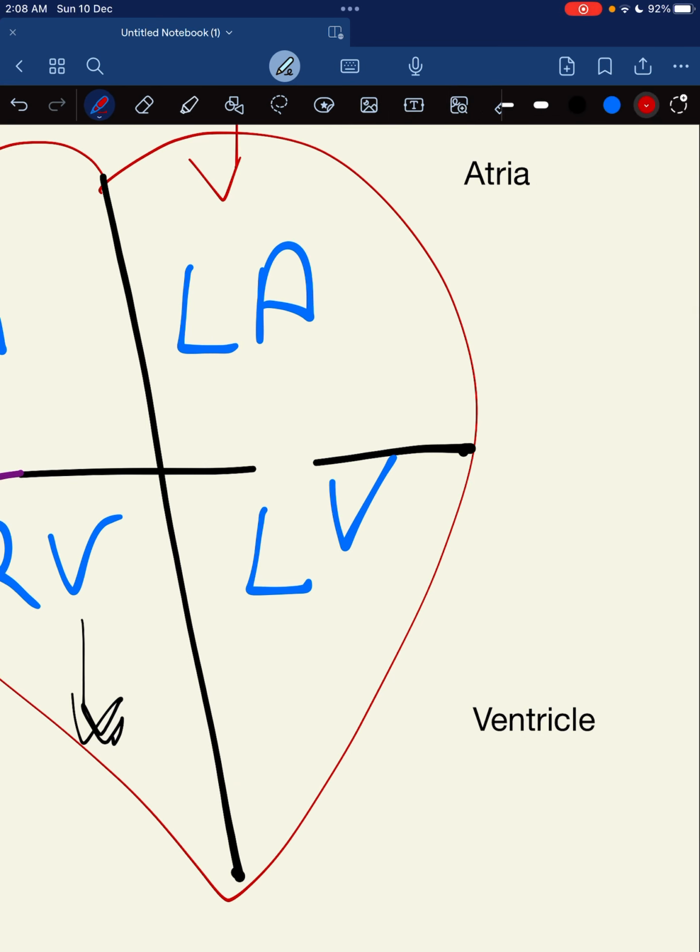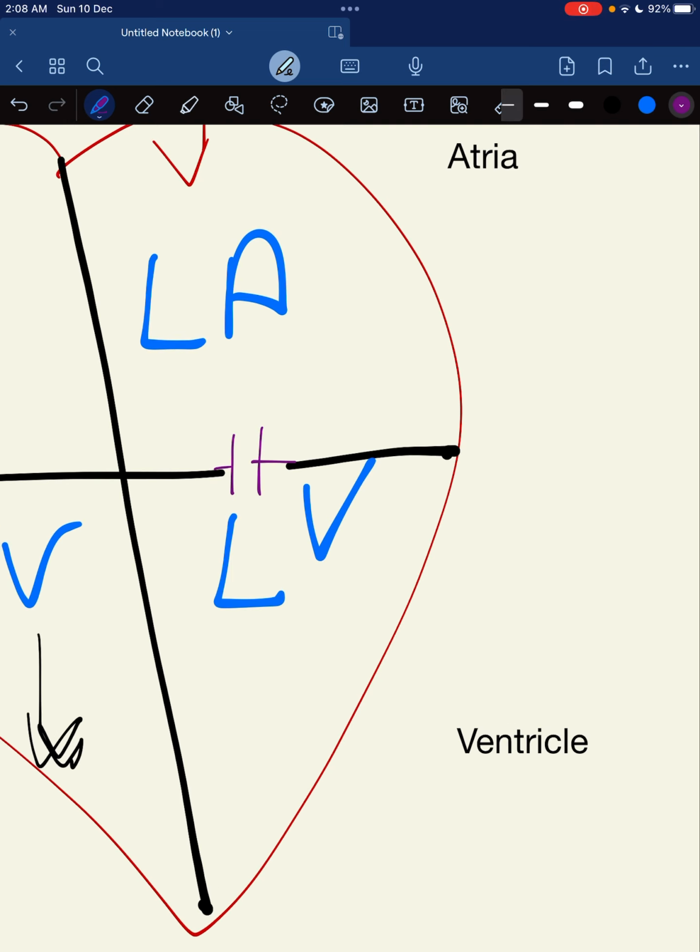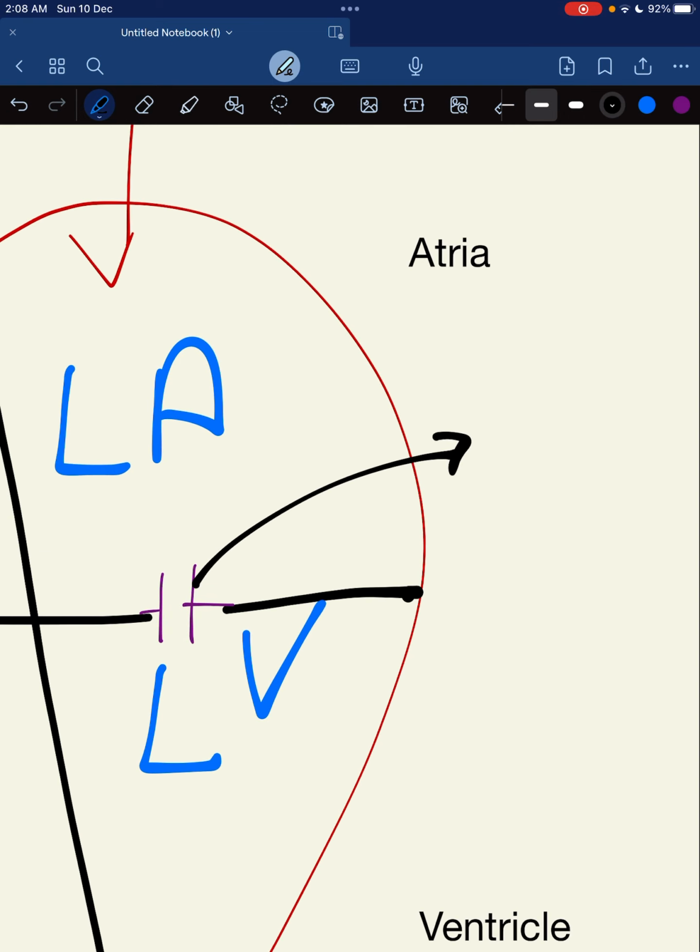This valve is known as the bicuspid or mitral valve. There are two cusps, so because of that we call it the bicuspid valve, or you can also say mitral valve.